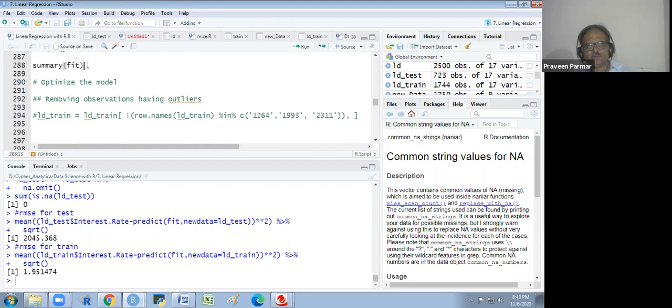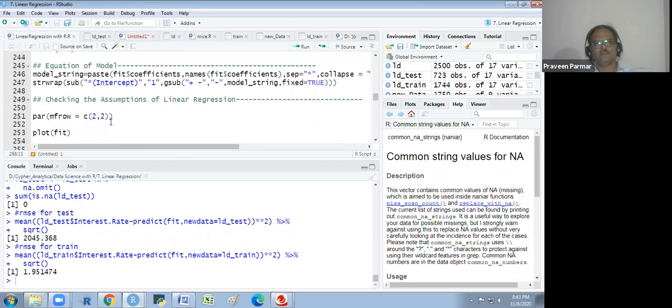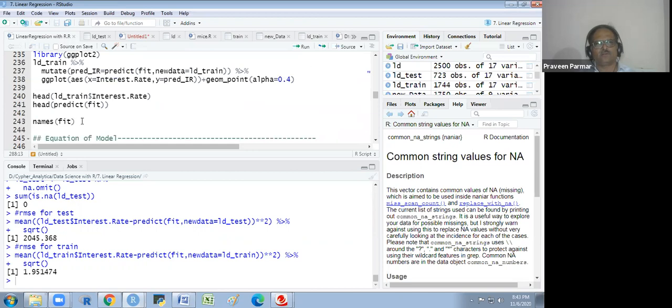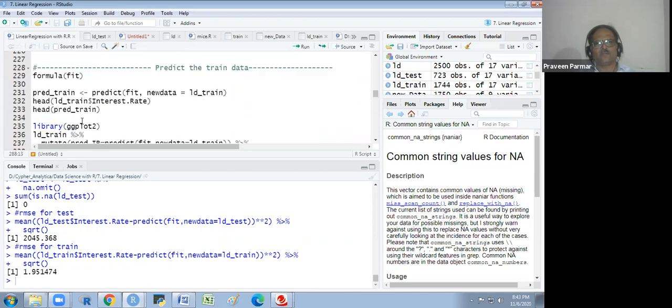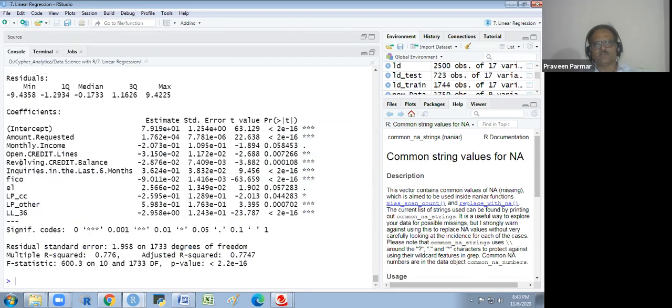You will enter whatever final variables we have in this model, such as amount requested, monthly income. You have to fill all the variables.